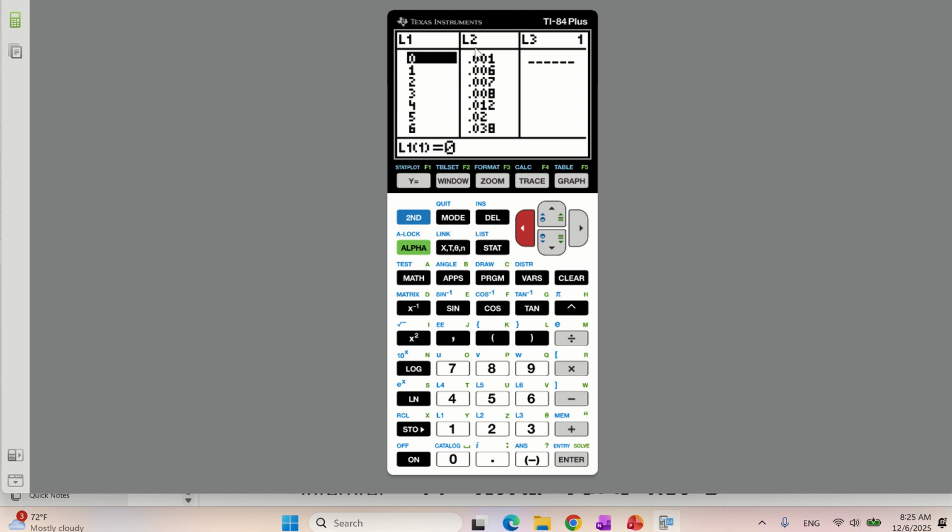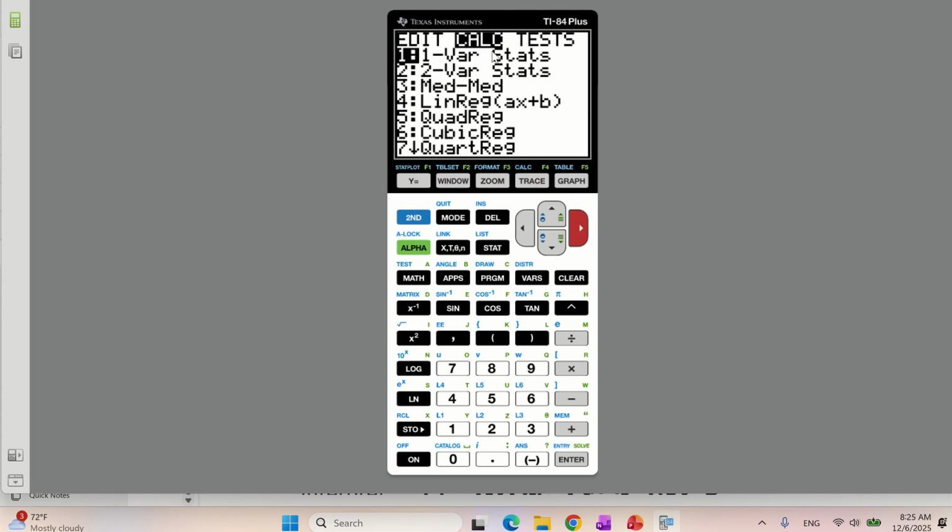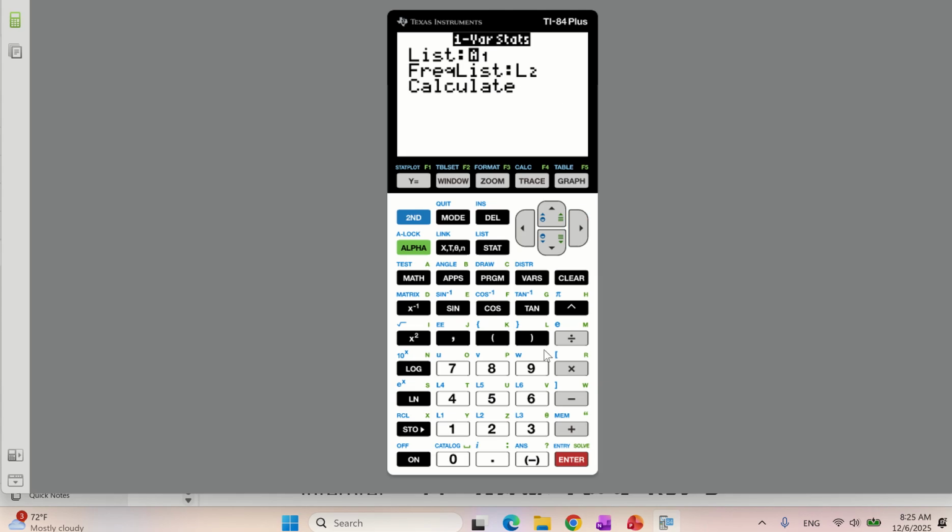So 0 to 10 here, and then the other probabilities here. Then go back to stat, then calculate, and go to 1-Var Stats. Make sure this is list 1, which is usually there by default. This is usually blank by default, so let me clear that.